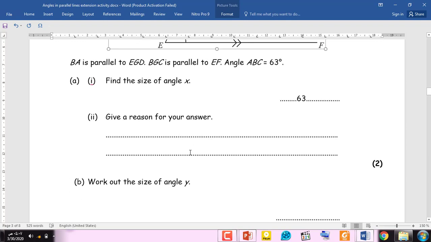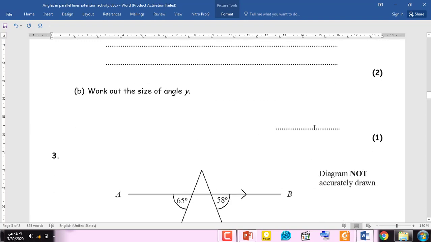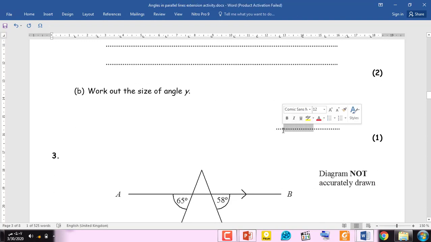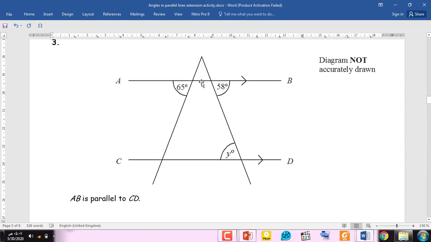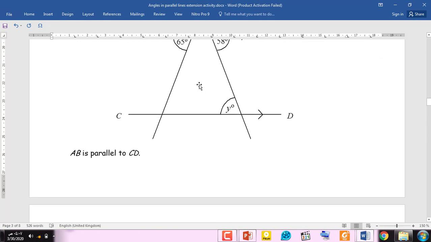So what do you think, guys? 180, the value of y equal 180 minus 63 equal 117 degrees. So the value of y is 117.